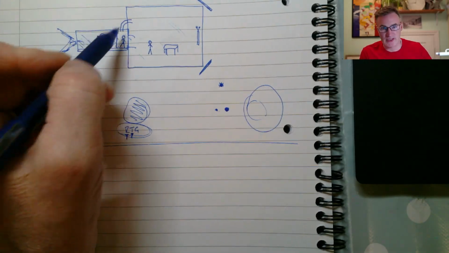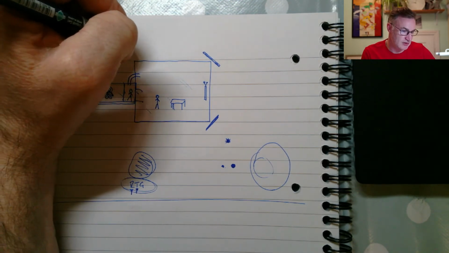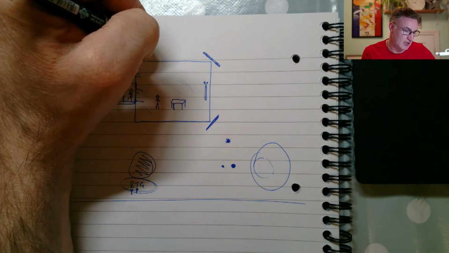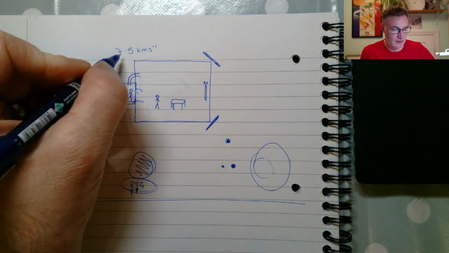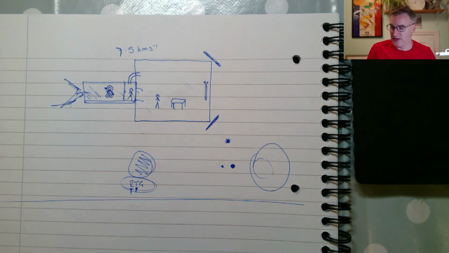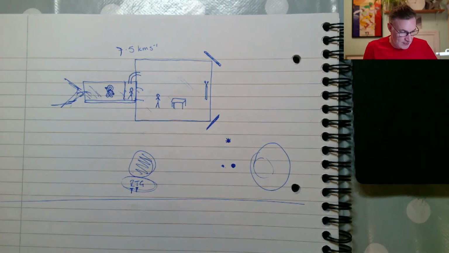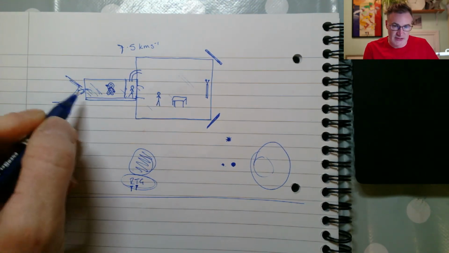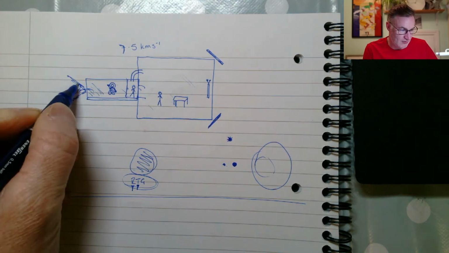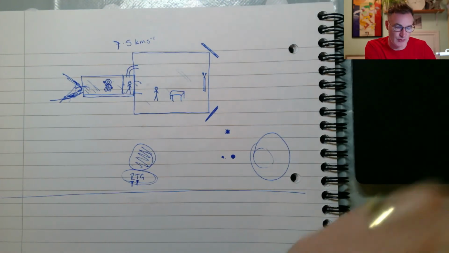Now remember, the International Space Station here is travelling at 7.5 kilometers per second. When the Space Shuttle used to come in and do its re-entry, we were talking about 8 kilometers per second. So a rocket which is travelling at 7.5 kilometers per second, or the most obvious one of this was the Space Shuttle, because this was a reusable spacecraft.